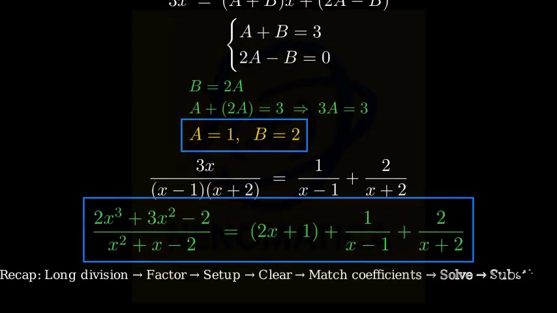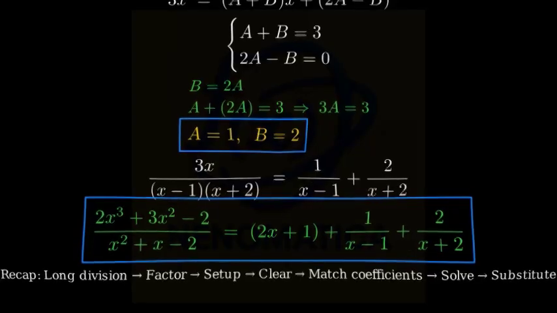Summary. First, we used polynomial long division to separate a polynomial part from a proper rational part. Then, we factored the denominator, set up partial fractions, cleared denominators, and matched coefficients. Solving for the constants gave a equals 1 and b equals 2, and that produced our final decomposition.